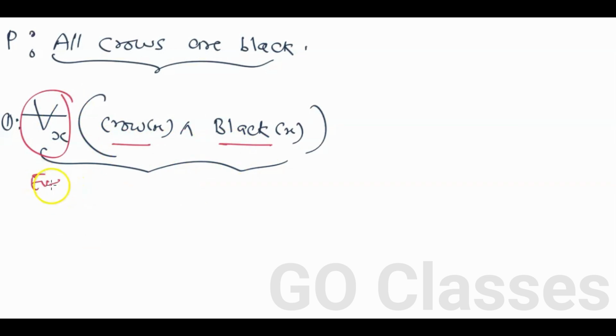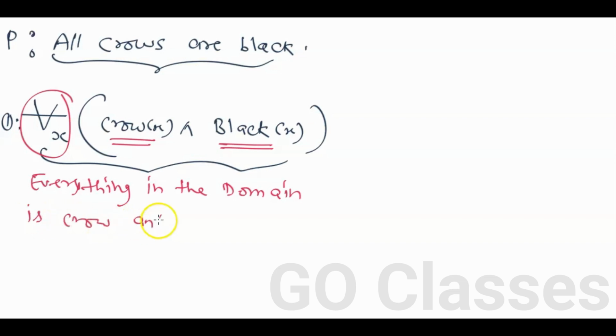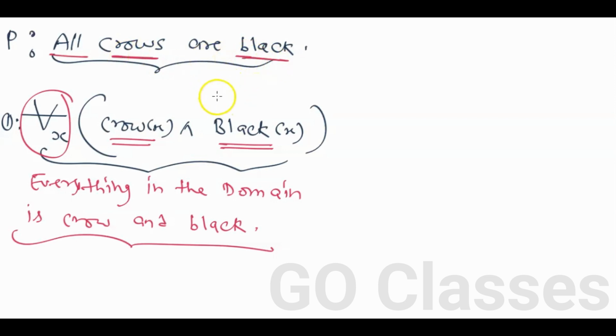For all x means everything in the domain. This is not what we want. We want to say that all crows are black. If it is a crow, then it is black. But expression 1 is saying that everything is a crow and everything is black.